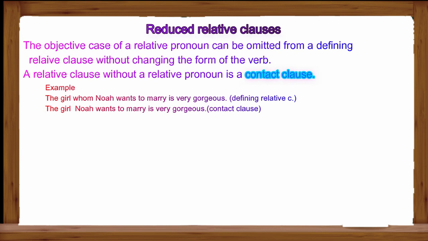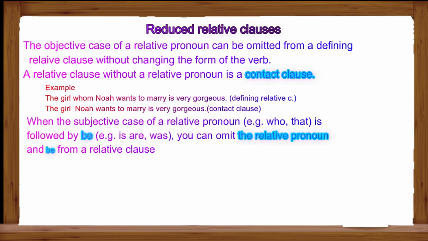This sentence contains a defining relative clause and whom is used as an objective case. Therefore, you can omit whom from the relative clause without changing the form of the verb. The girl Noah wants to marry is very gorgeous. This one is a contact clause.